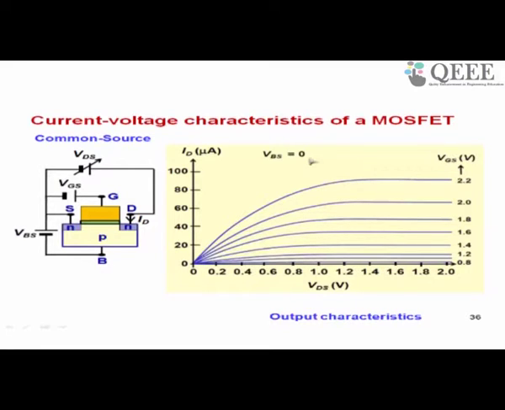That is why you need to write here what is the VBS. Now this particular set of curves are drawn for VBS equal to 0. This means source and bulk have been shorted. In the case of BJT, you do not need any such information because it is a 3-terminal device. Now MOSFET does not have input characteristics unlike the BJT because the gate current IG, that is the current through this terminal, is 0 because of the presence of the insulator here.